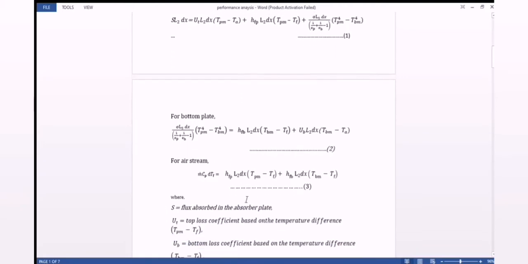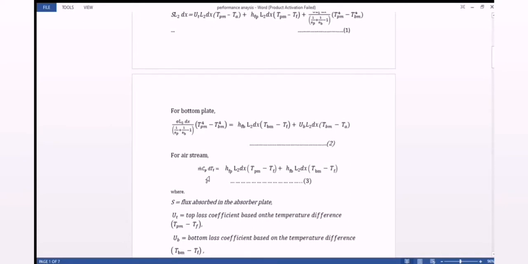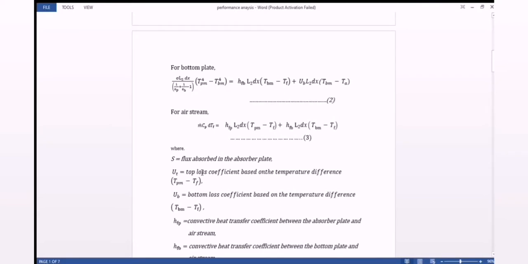For the airstream, the energy balance equation is given as m dot Cp dTf equals HFP L2 dx into (TPM minus TF) plus HFB L2 dx into (TBM minus TF). In this, S is the flux absorbed in the absorber plate, and Ut is the top loss coefficient based on the temperature difference TPM minus TF.